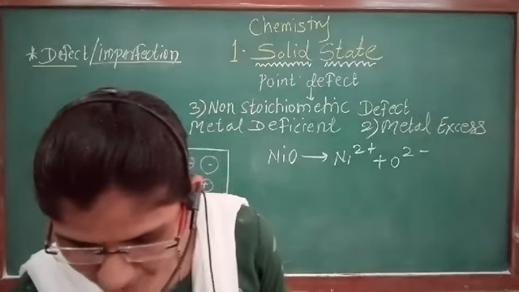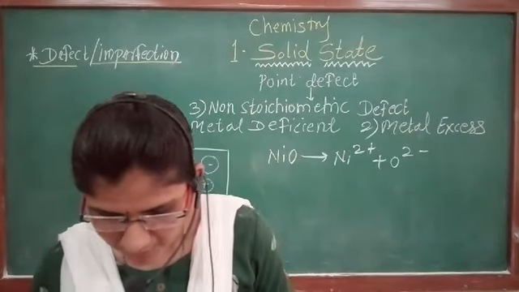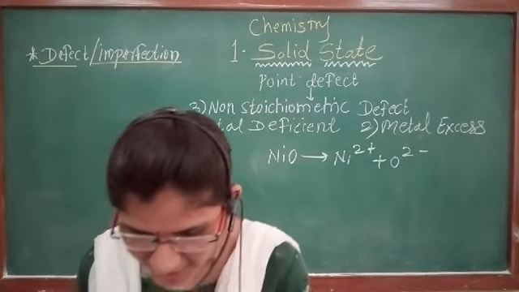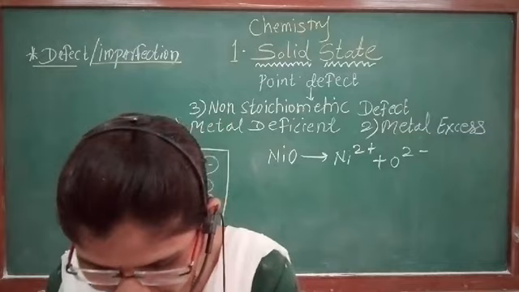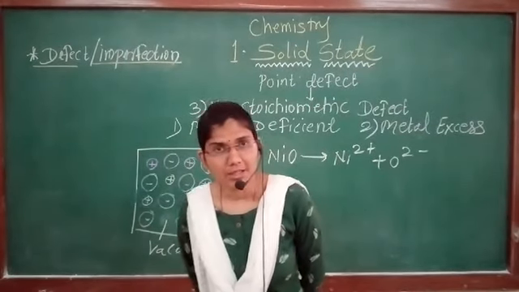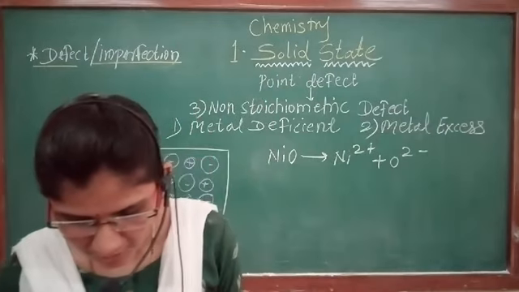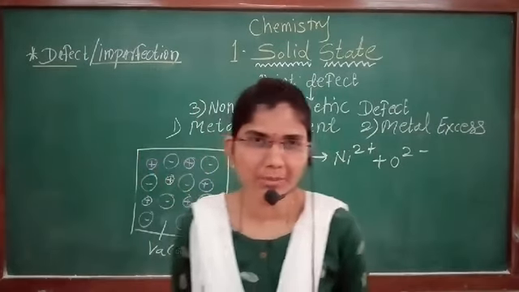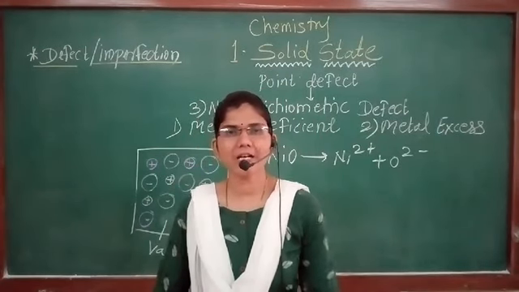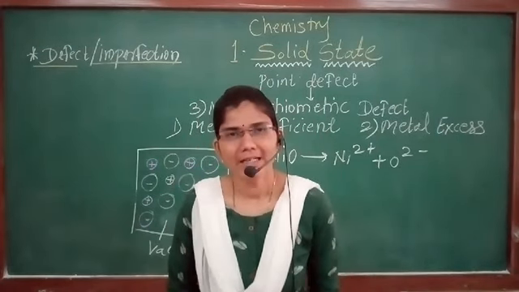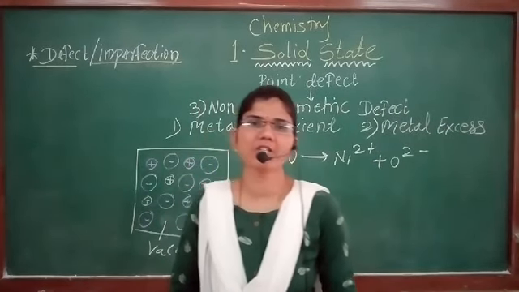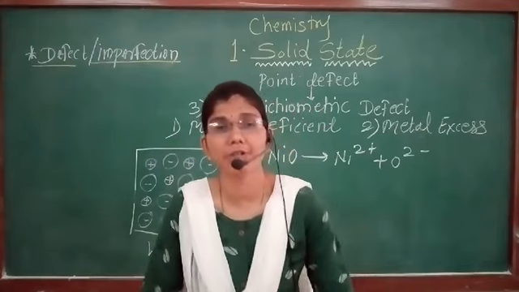But it is important to note that if the stoichiometry is changed, it does not cause any change in the crystal structure. In short, the stoichiometry of the compound gets changed. Stoichiometry means the number of positively charged ions and the number of negatively charged ions; they are having a different ratio.